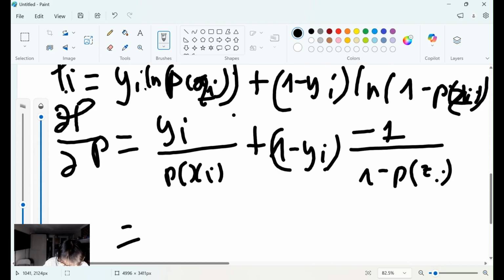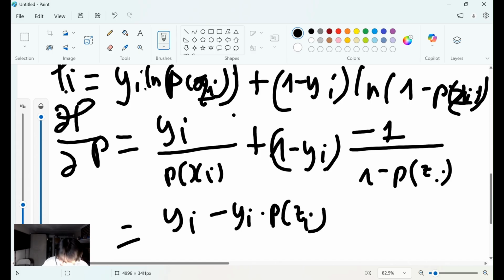So let's simplify this. This becomes yi minus yi multiplied by p of zi, plus yi times p of zi plus p of zi minus 1, this becomes yi minus 1.